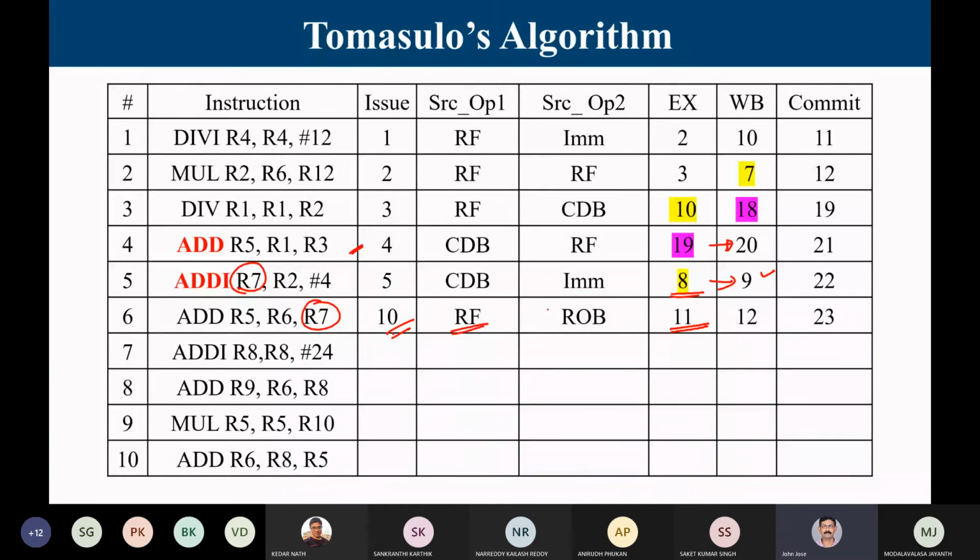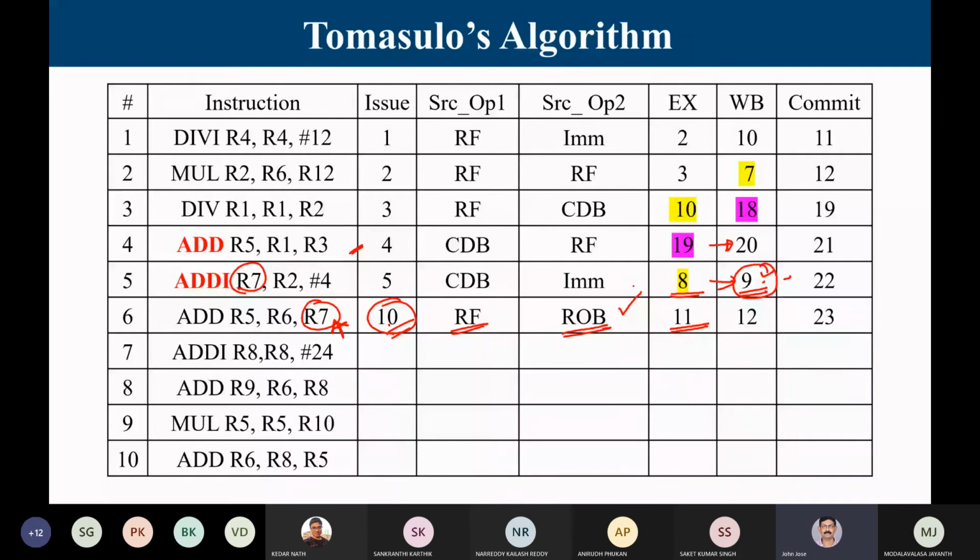Now, why is it ROB? At clock cycle number 9, you want the value of R7. Why am I not reading CDB? At clock cycle number 10, the CDB value is no longer available there. This has already gone to the reorder buffer. So I have to read it from the reorder buffer rather than CDB. Had it been 9, I could get it from CDB. If it is 10, I have to get it from the reorder buffer only.